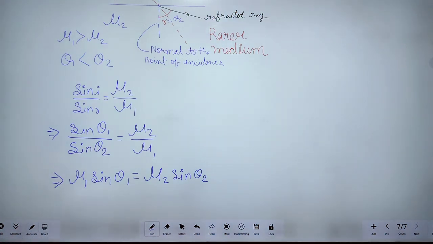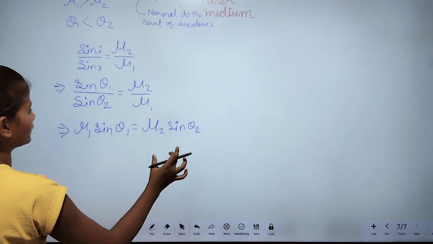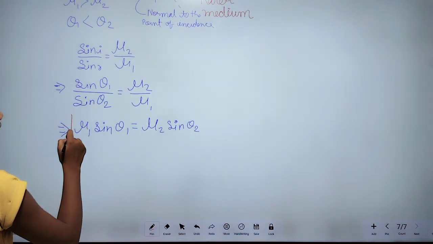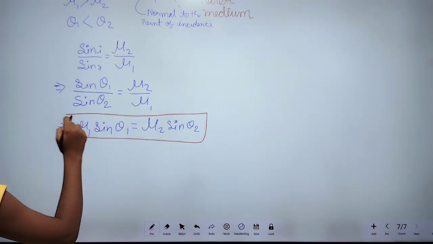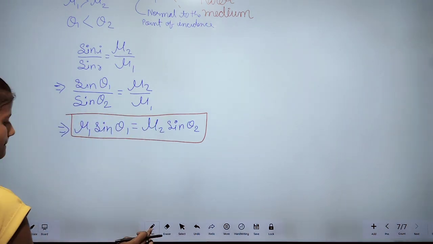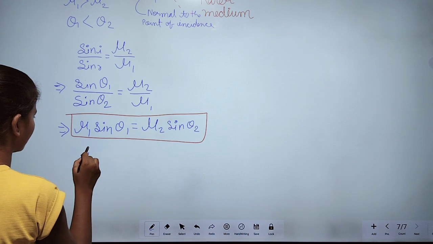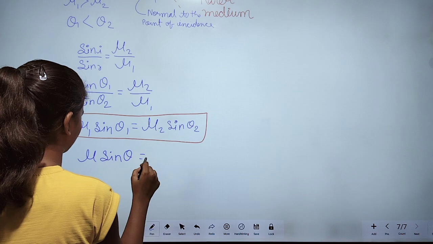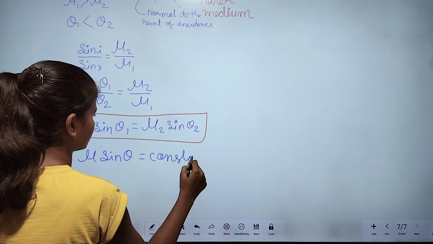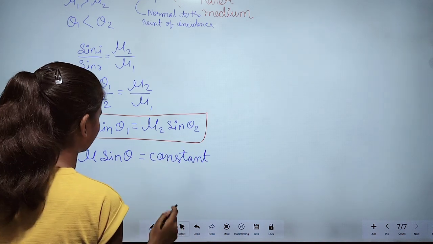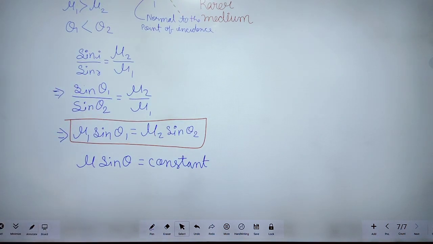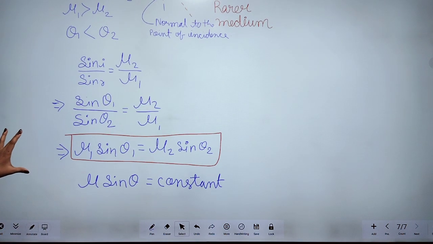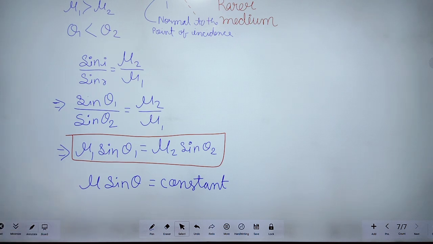This formula is very easy to learn, where mu sin theta is constant. So the formula is mu 1 sin theta 1 is equal to mu 2 sin theta 2.